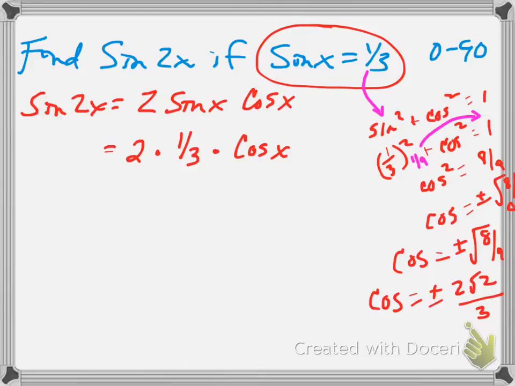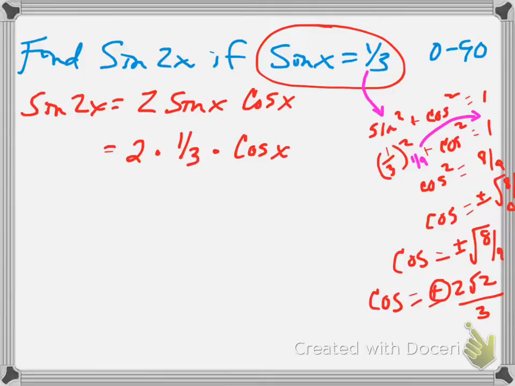And the square root of 9 is 3. And then, as Laura said, since we're in 0 to 90, the cosines are positive. So off to the side, we have created a cosine of positive 2 root 2 over 3.